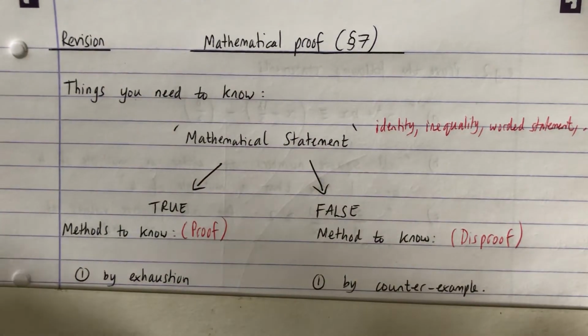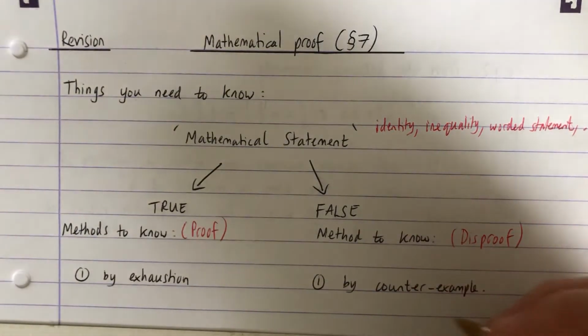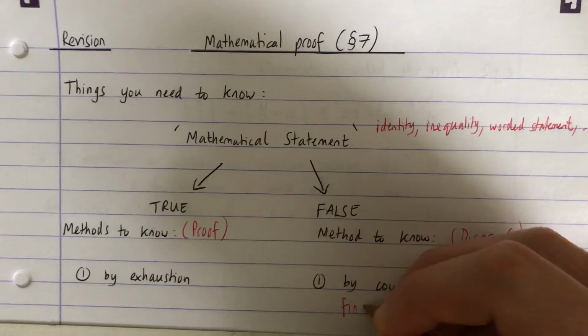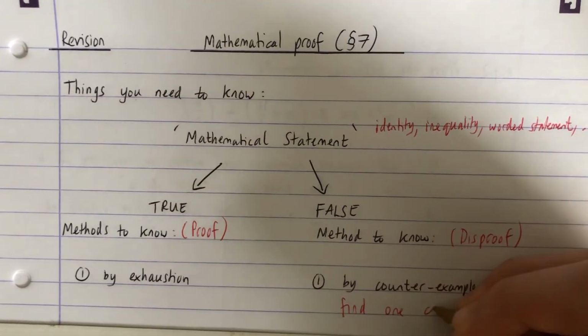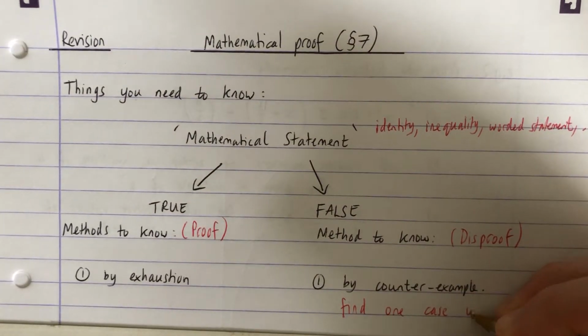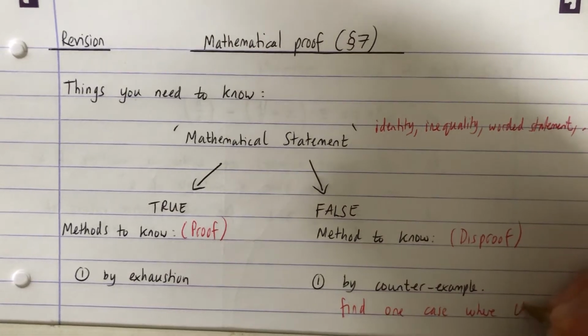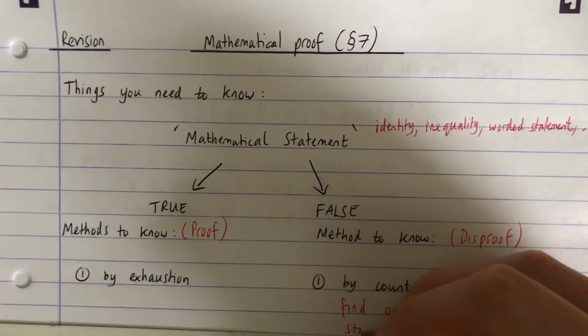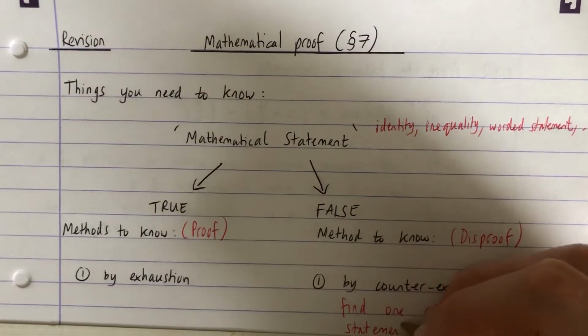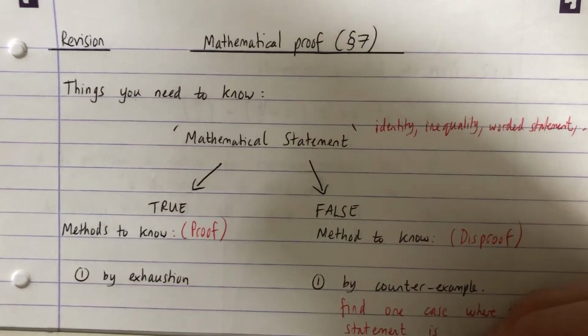You find a counterexample, which is just one case which contradicts the statement, so proves the statement is false. Okay, so a counterexample is to find one case where the statement is false.